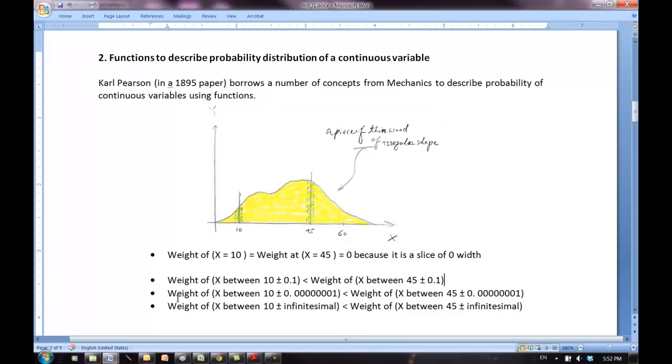And this will remain true regardless of how small the width we are using.